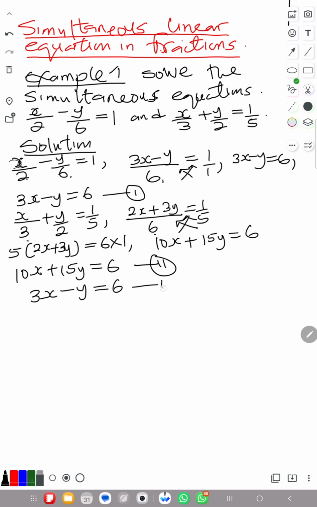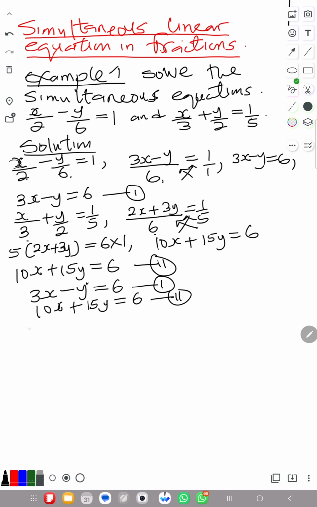This is my equation 1. Then 10x plus 15y is equal to 6. This is my equation 2. You can decide either to use the elimination method or the substitution method from here. If you look at it, I would prefer to go with the substitution method, because from equation 1, it will be easier for me to make y the subject of the formula.